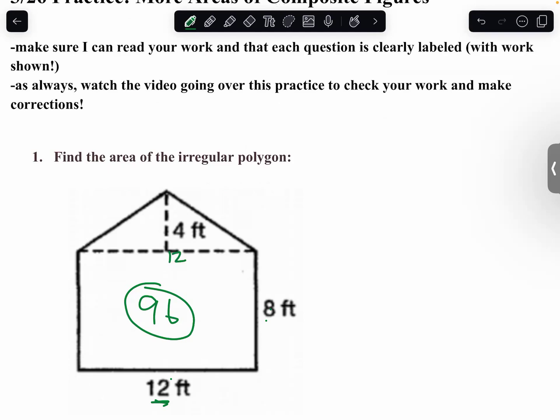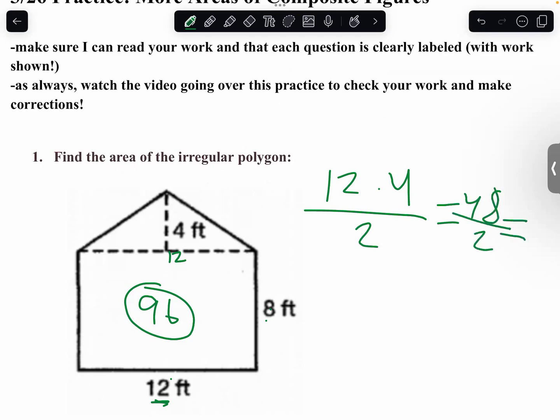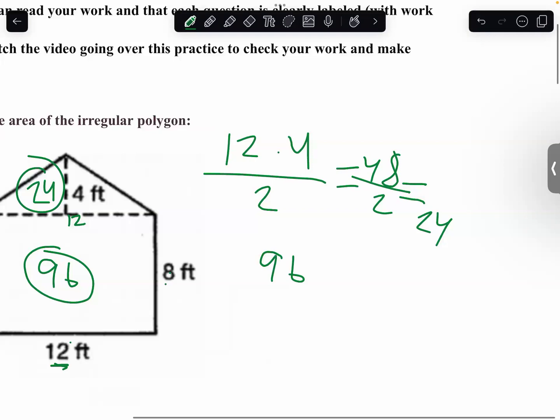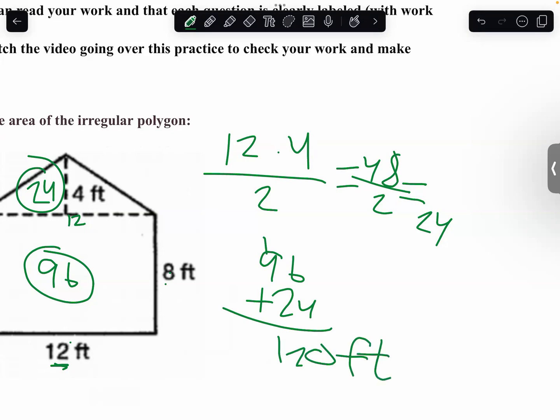So the area of this triangle, remember, is 1/2 times base times height, or base times height divided by 2. So 12 times 4 is 48 divided by 2. 48 divided by 2 is 24. So then this is 24 right here. So then we would have 96 plus 24, and that's going to give us 120 square feet.